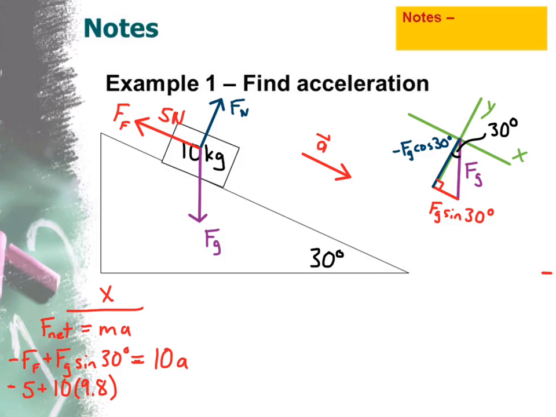And again, the reason I did that is because I already have the correct signs in front of F sub g. And then now I write in sine of 30 degrees equals 10 times a.